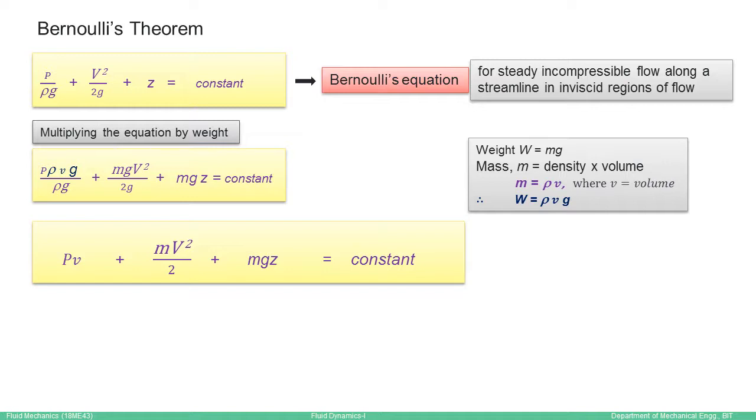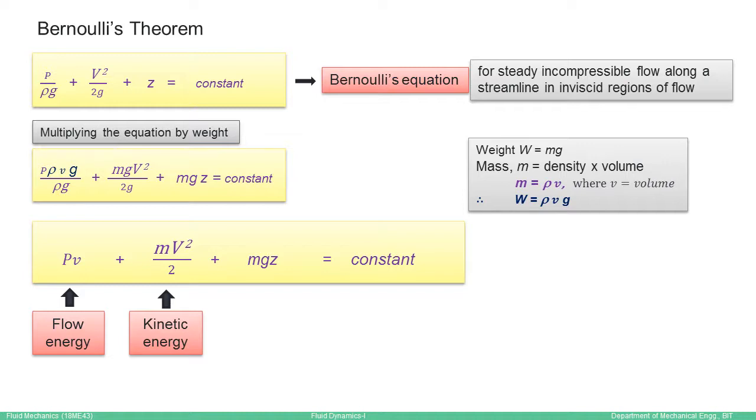And if you recall from the steady flow energy equation, this P into V can be considered as flow energy or flow work, the energy due to the flow, and this kinetic energy half m v square is the energy possessed by a body by virtue of its motion.